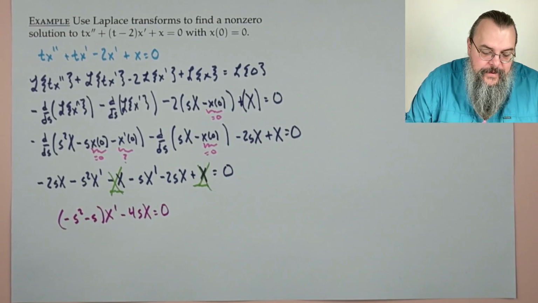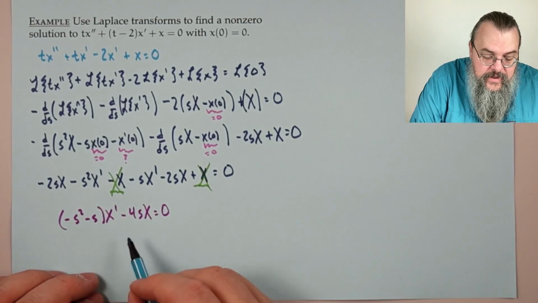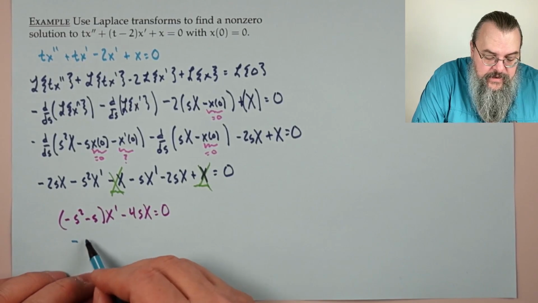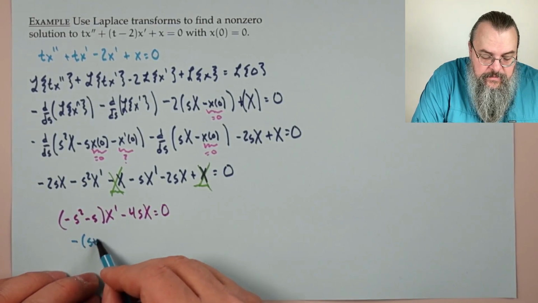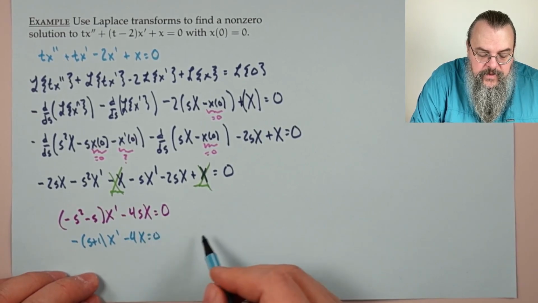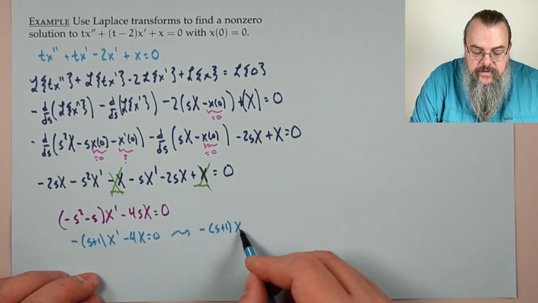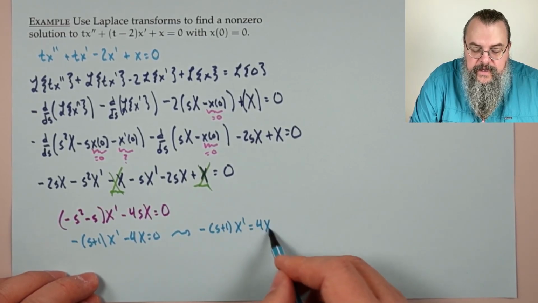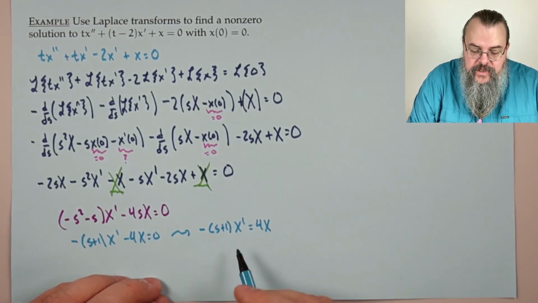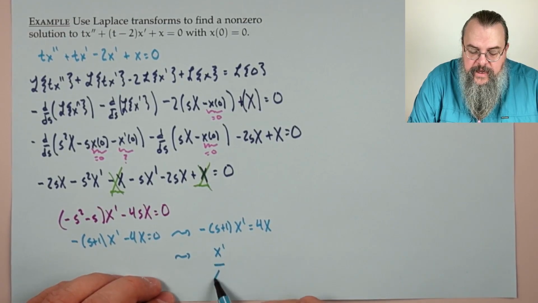All right, so what do we have here? Well, we can move the 4s across, and actually there's one other thing. Everything has an s. So before we do that, let's go ahead and divide. So think of this as minus s plus 1 x prime minus 4x equals 0. So this becomes minus s plus 1 x prime equals 4x. And now we can move things around. And we say, oh, this is the same as x prime over x, right?